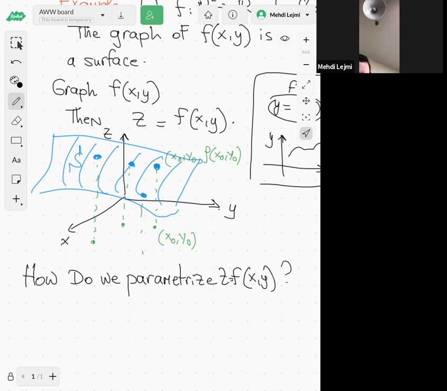All right, so this is phi of u, v. The first component here is supposed to be x, this is supposed to be y, and this is supposed to be z.